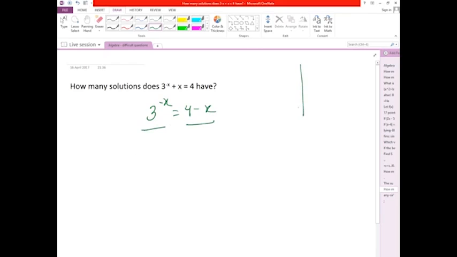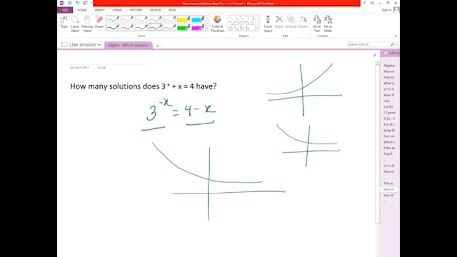So if you do not know, e^x is of this nature, e^(-x) will be of this nature when a is greater than 0. So 3^(-x) will have this kind of a graph, right? And 4 - x, which is y equal to 4 - x, will have 4 and 4 as the intercepts.